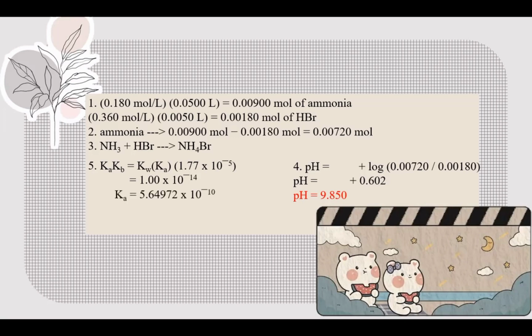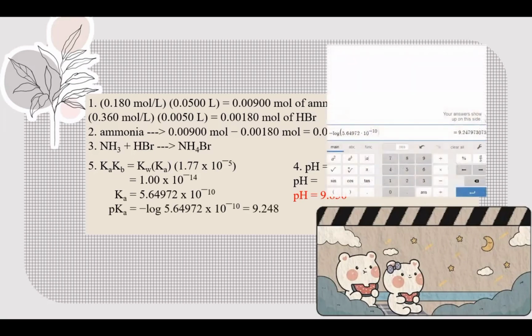So the Ka is equal to 5.64972 times 10 to the power of negative 10. The pKa equals the negative logarithm of 5.64972 times 10 to the power of negative 10, as shown in the calculator.